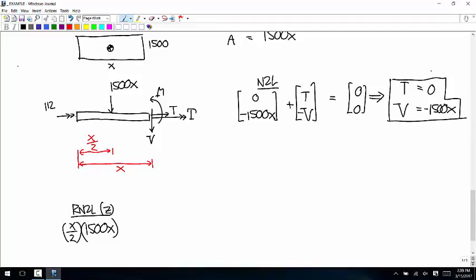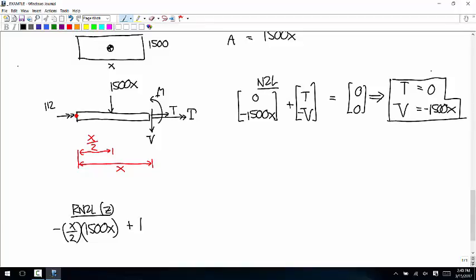Our about point is at the left end, like it always is for internal loads. So would that force make it rotate clockwise or counterclockwise around the about point? Wrong. Negative. You'll get the next one, Aaron. And then tension doesn't do anything, torque doesn't do anything. So we have the things that always affect the z moment.